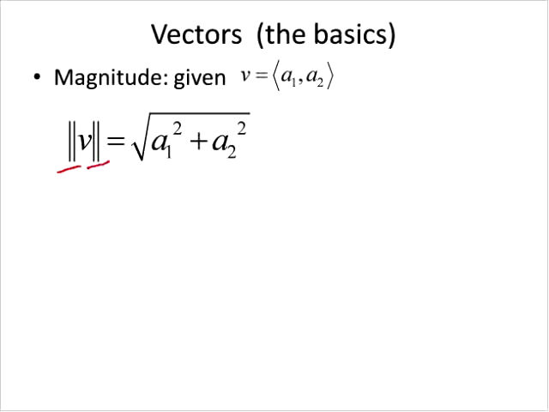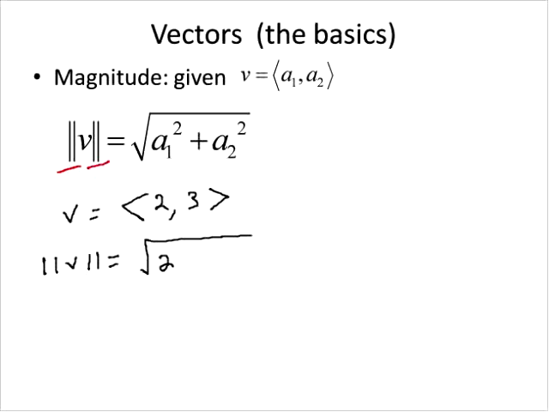So, for example, if our vector v is the vector <2, 3> from the previous example, then the magnitude or length of our vector v is the square root of 2 squared plus 3 squared, which turns out to be the square root of 13. So that is the magnitude of our vector.